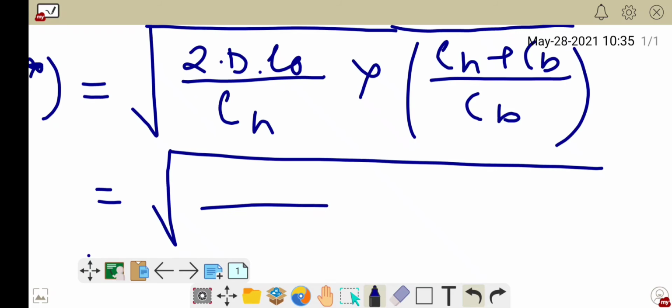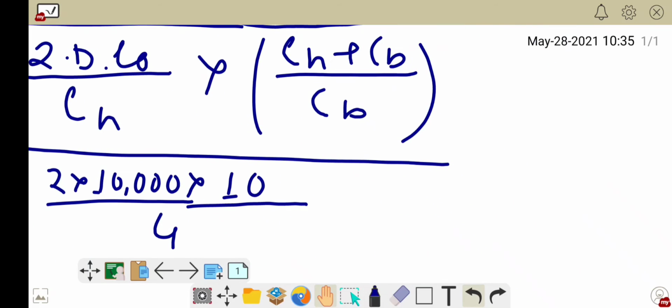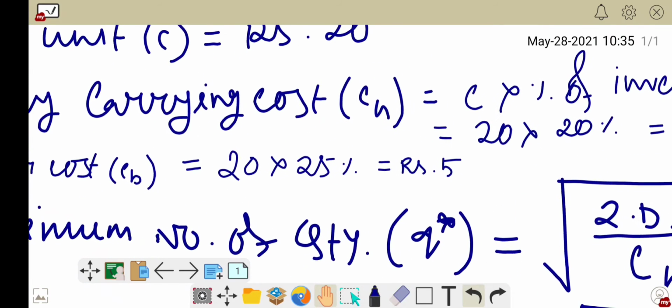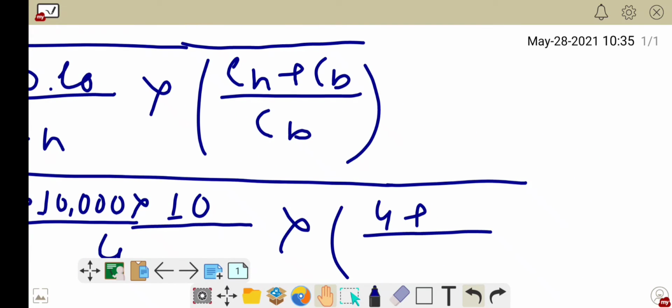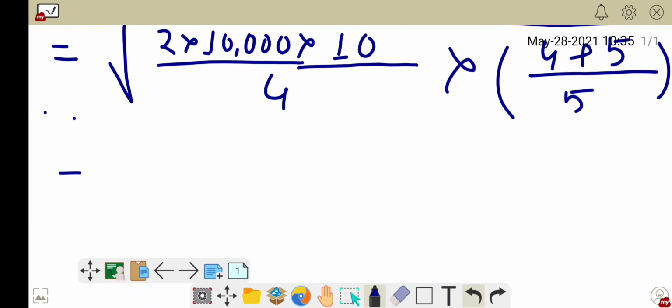So 2 into annual demand, that is 10,000, and C0, that is rupees 10, and CH, that is rupees 4 plus CB, that is rupees 5, divided by CH, that is 4, and CB, that is rupees 5 also. So now calculate this amount through the information.